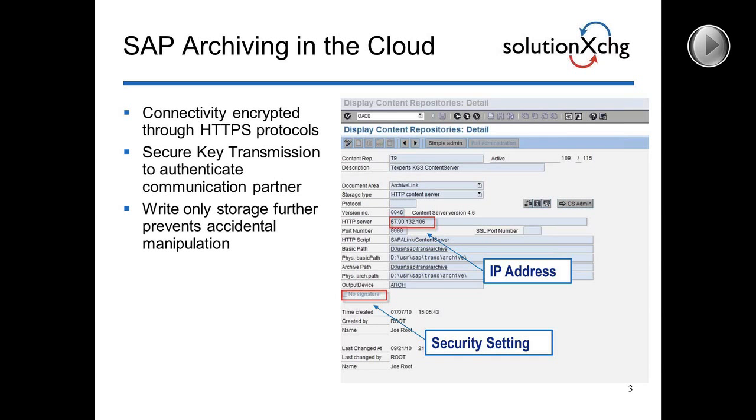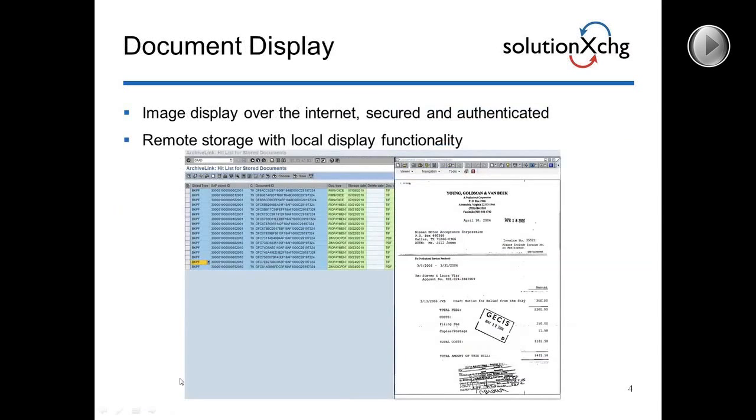On the next slide, we will talk about the user functionality a little bit. The user functionality in an archiving environment is fairly simplistic. Basically, you're just capturing documents. Like I mentioned before, you're either scanning them or you already have electronic files that you're attaching to SAP transaction data or master data, and you're displaying documents.